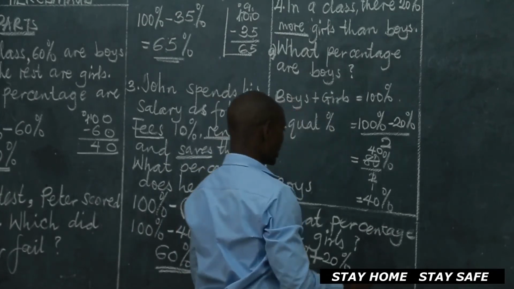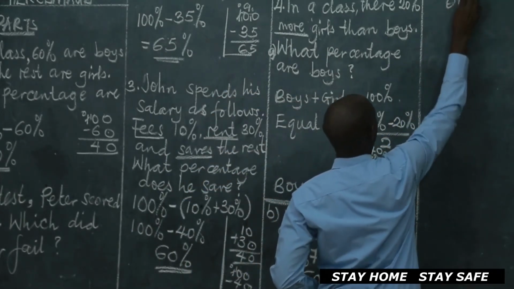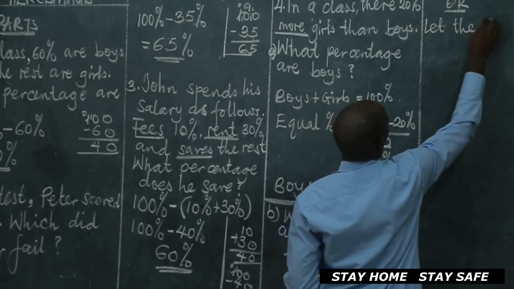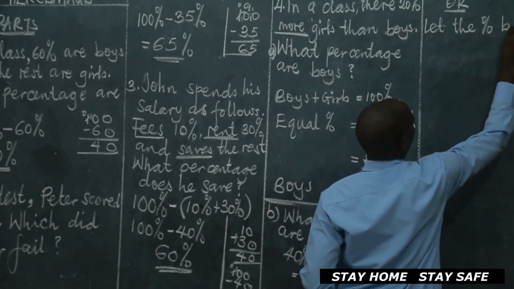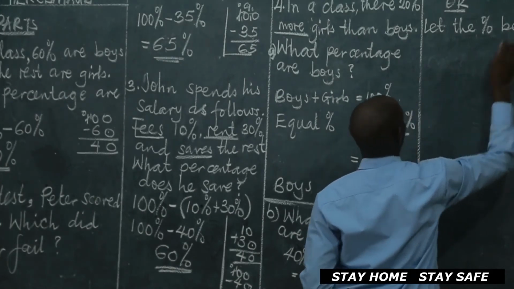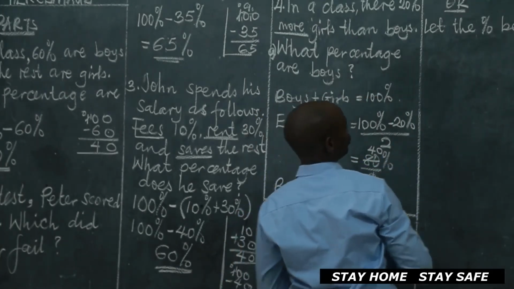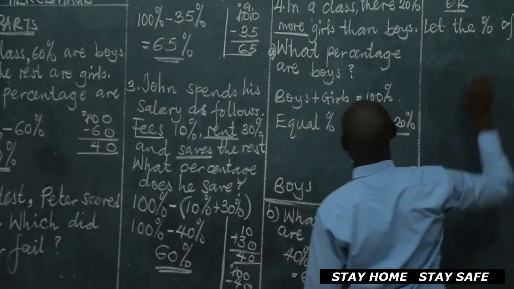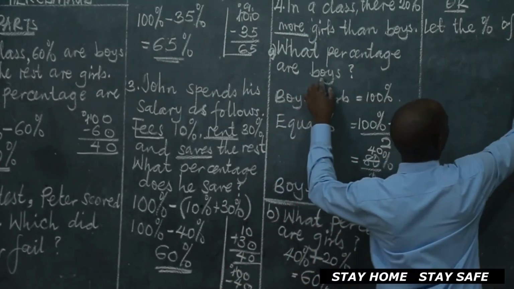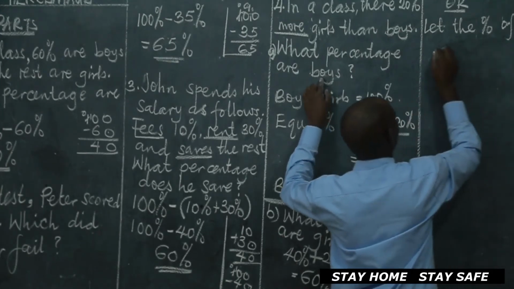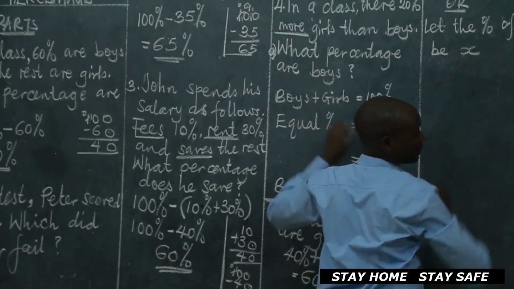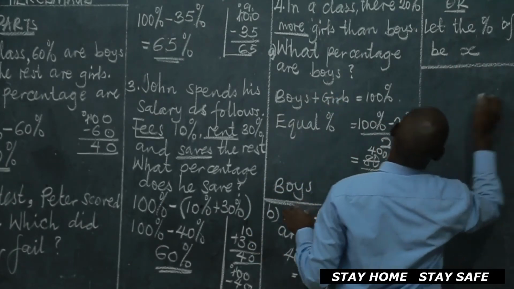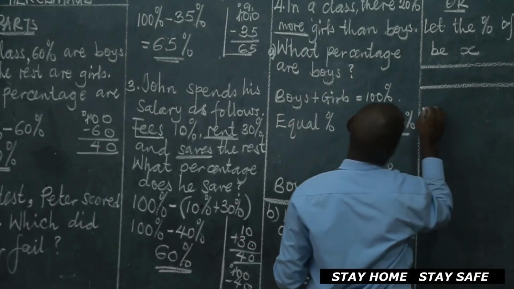So if you don't do it the way I have done it here, you say, let the percentage of boys be maybe x. Let the percentage be x. Then you come and draw this box, this table here.